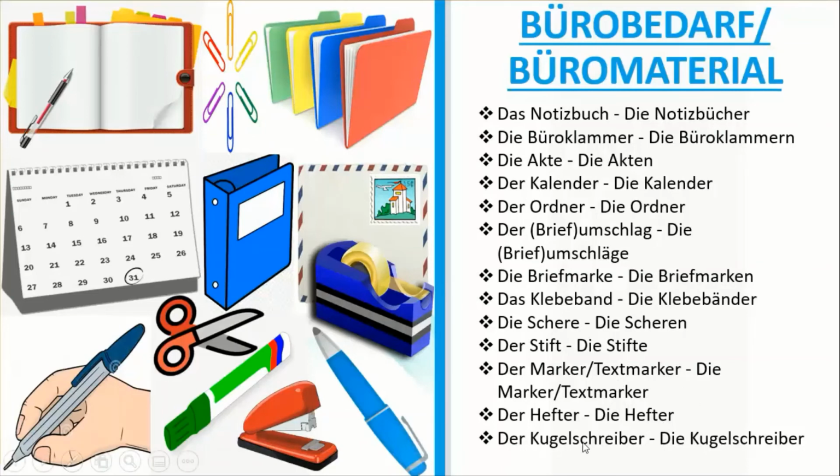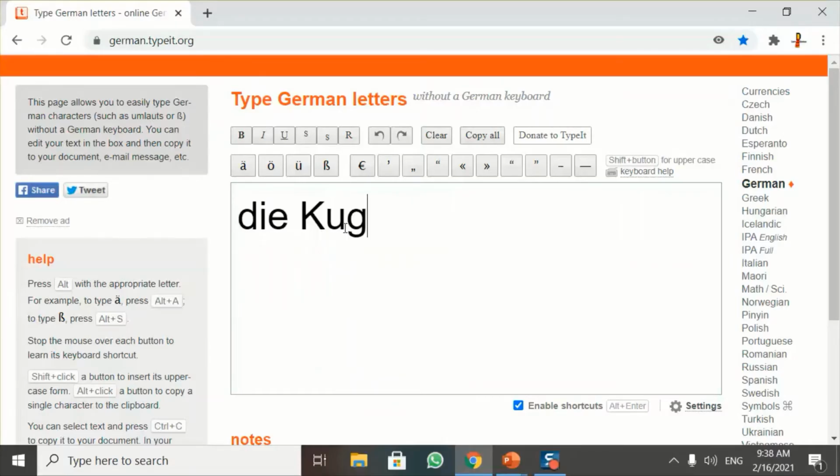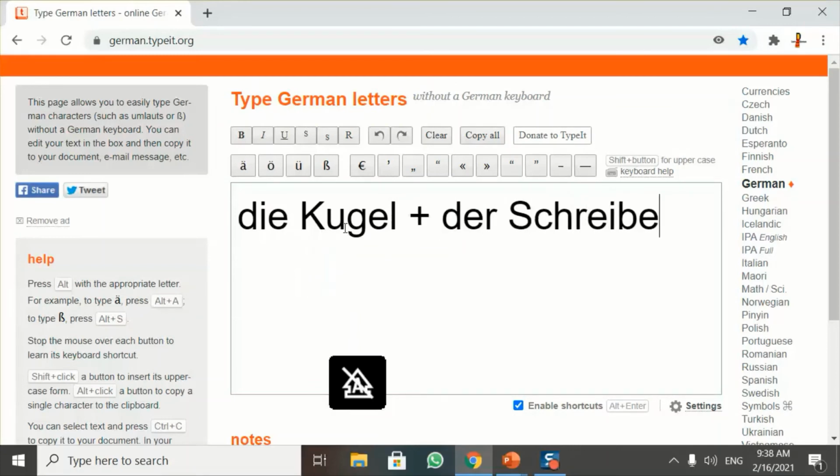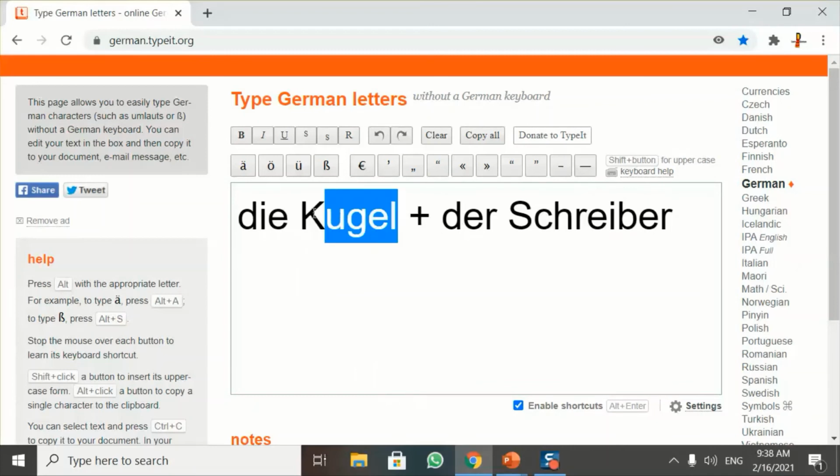Then we have der Kugelschreiber, singular, die Kugelschreiber, plural. And this is the last compound noun for this tutorial part, and it is made up of die Kugel, which is anything round in shape.